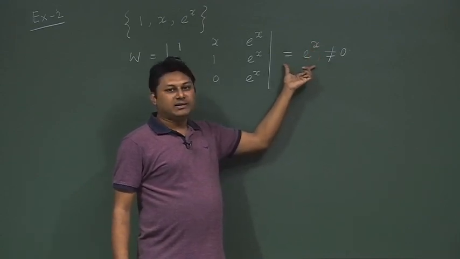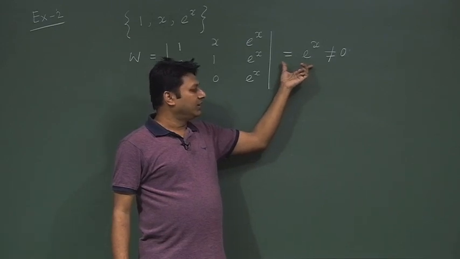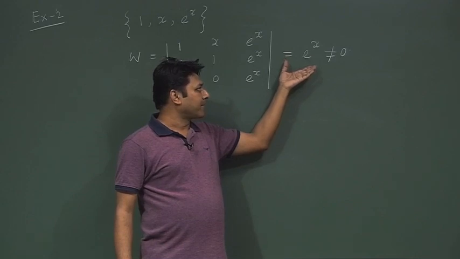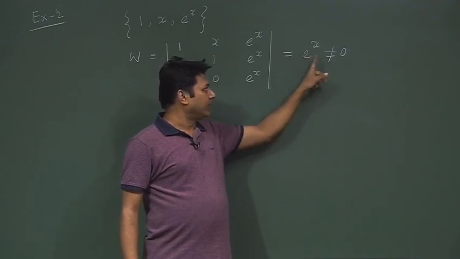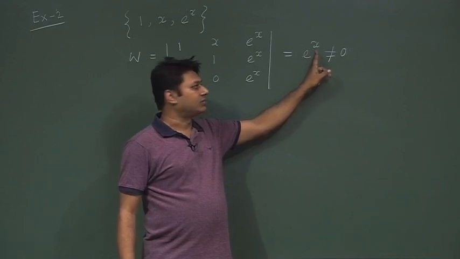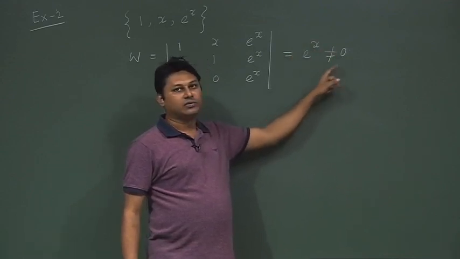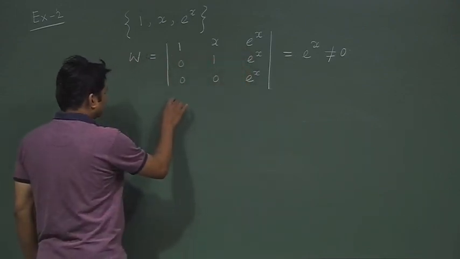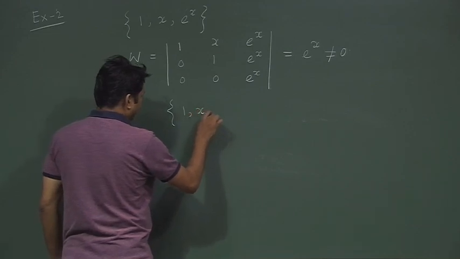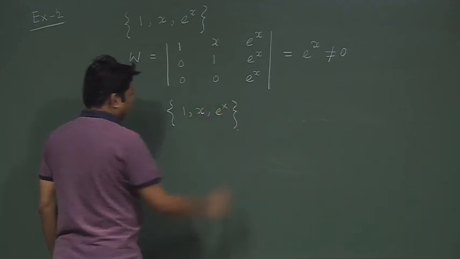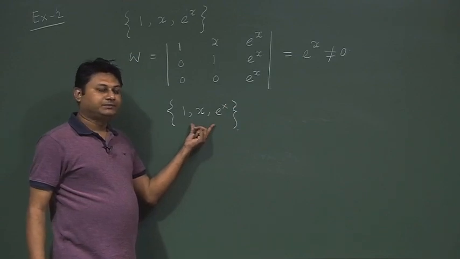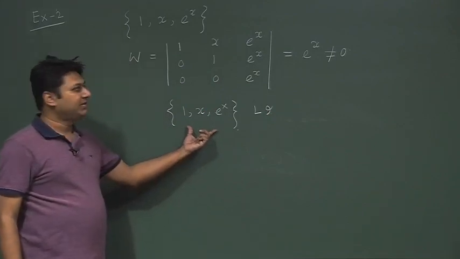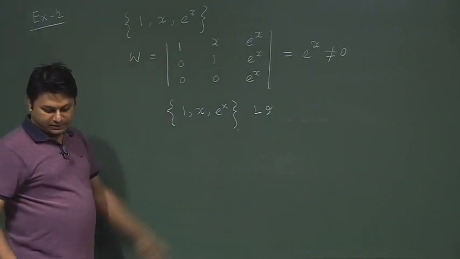Here we have e to the power x in our hand, so no problem. e to the power x will never vanish for any value of x. So, we should consider this as not equal to 0. That means this set of functions 1, x, e to the power x is linearly independent. Again I have a set of functions which are linearly independent.